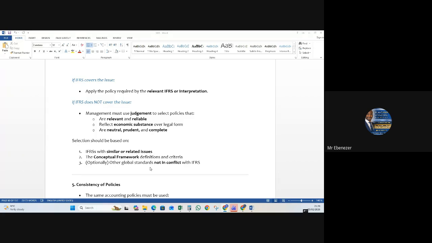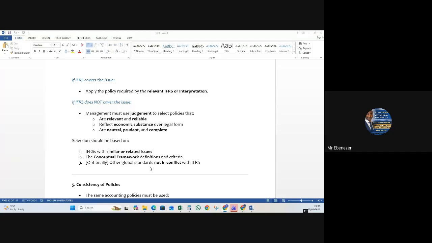Now, for any policy you are selecting, any decision you are making, your judgment should be based on IFRS dealing with a similar issue, how IFRS treated a similar or related issue. So if IFRS has treated such an issue before, you look at it. Then also, you look at the conceptual framework, definitions, and criteria.